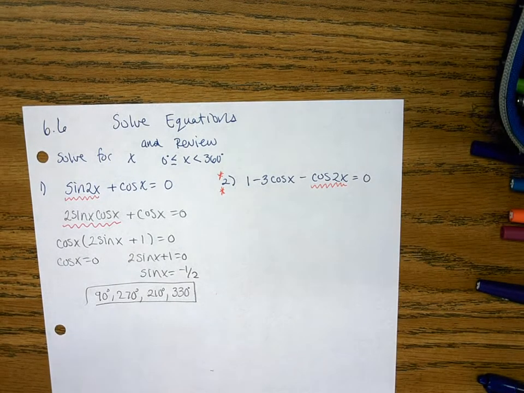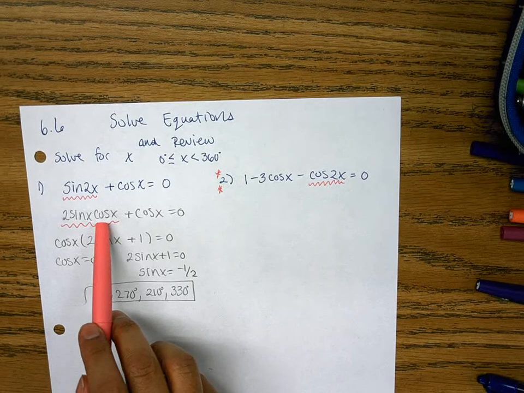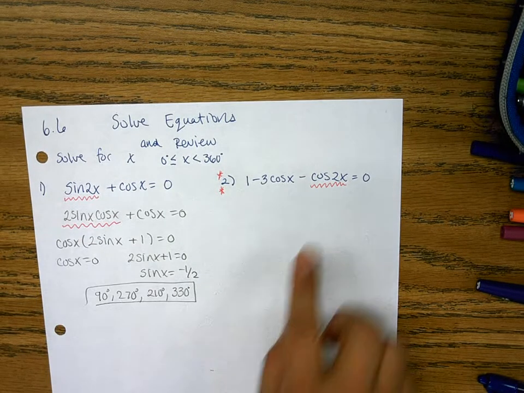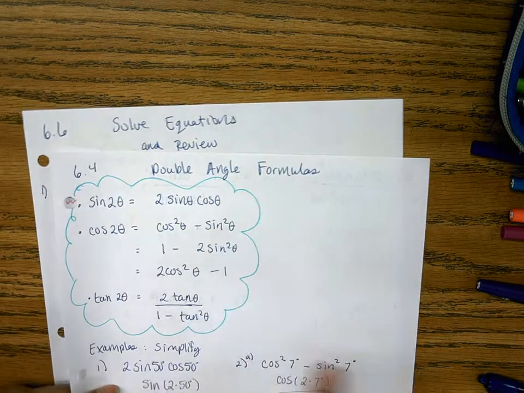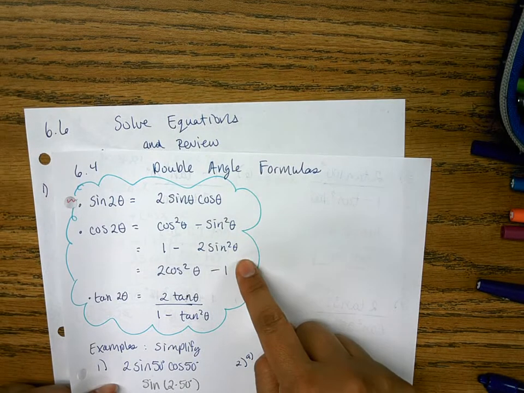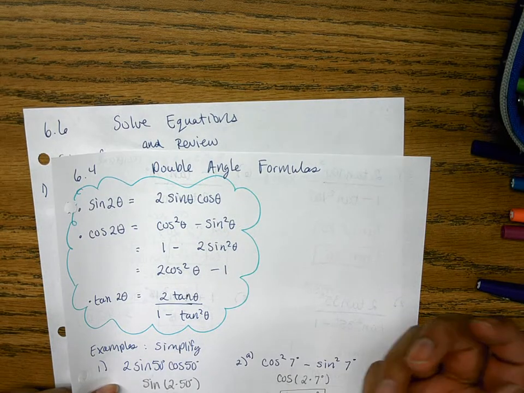We have 3 choices. Where sine of 2x, there's only one choice, 2 sine x cosine x, that's it. But cosine 2x, if you remember from the previous lesson, has 3 different possibilities that we can use here. And how do we know which one to use?